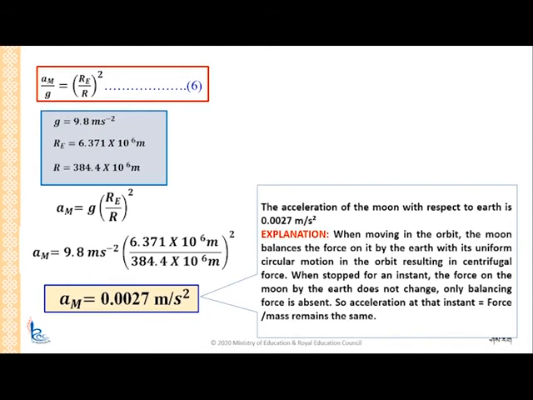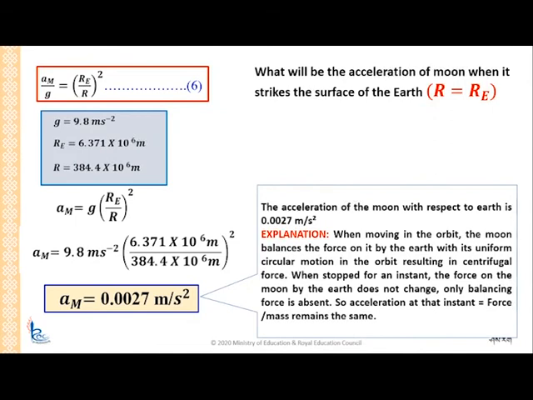So at this instant, when the moon stops for a while, the acceleration at that instant is given by force over mass.